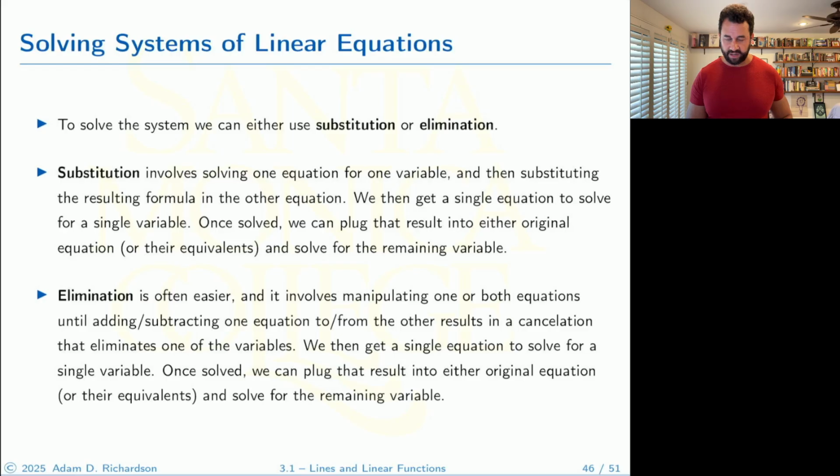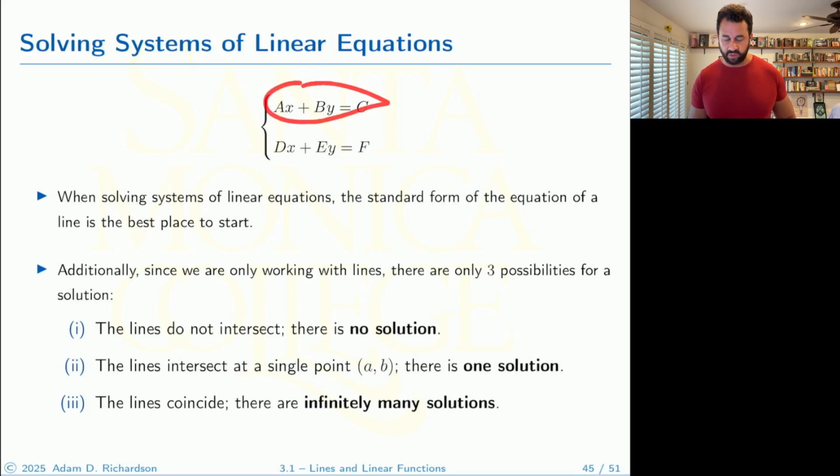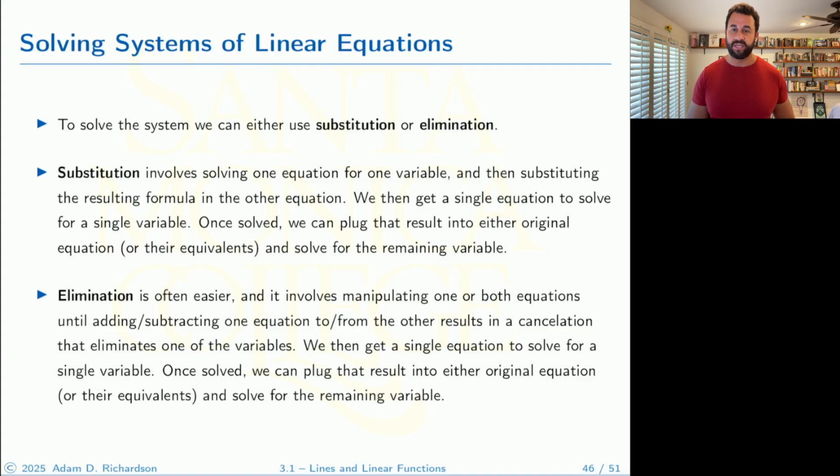So solve this equation for, let's say, y. Once you have this in the form y equals something, take that expression and replace this y with that. Then you will have an equation in one variable that you can solve using more elementary techniques. Once you solve that, plug that result into either original equation or their equivalents, and then solve for the remaining variable. That's the idea.